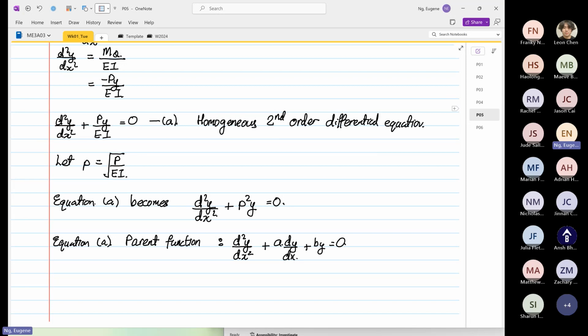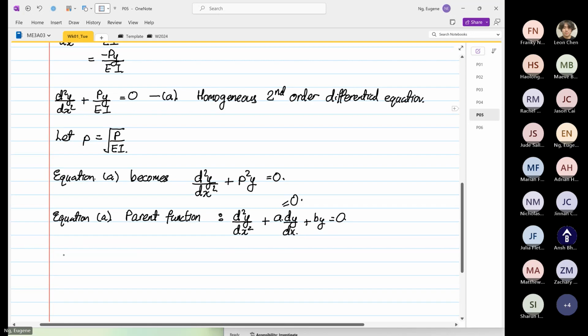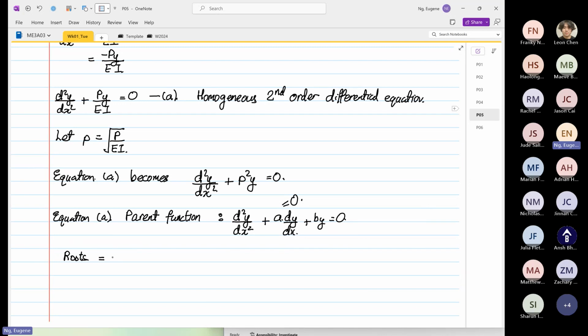What we know is that if you look at the parent function, this term is equal to 0 because we don't have a dy by dx. Now, to solve the parent function, we know that the roots are equal to minus a plus or minus the square root of a squared minus 4b, divided by 2.